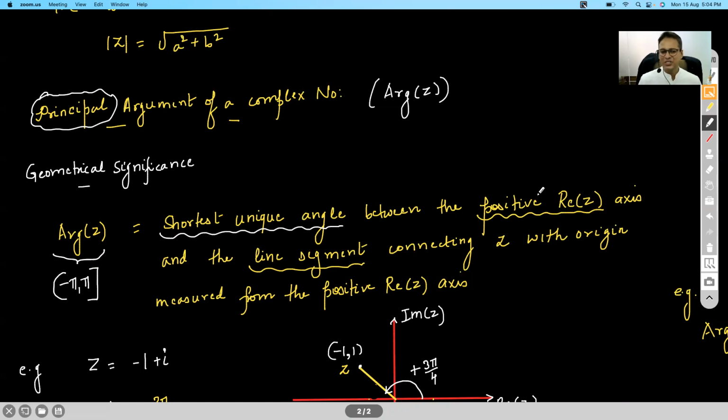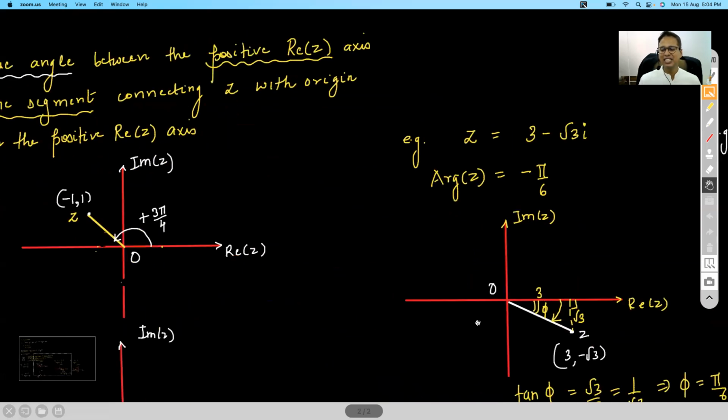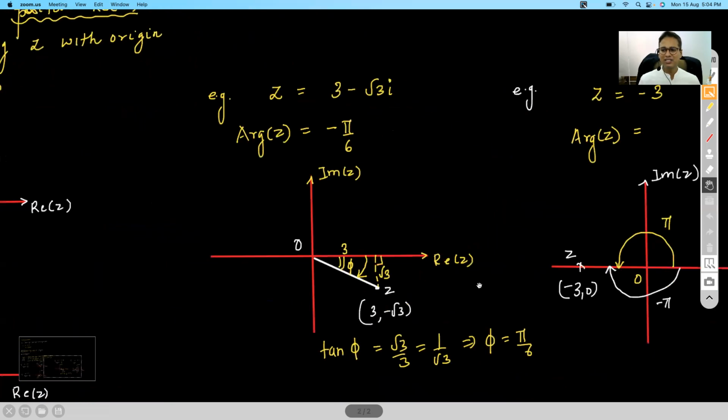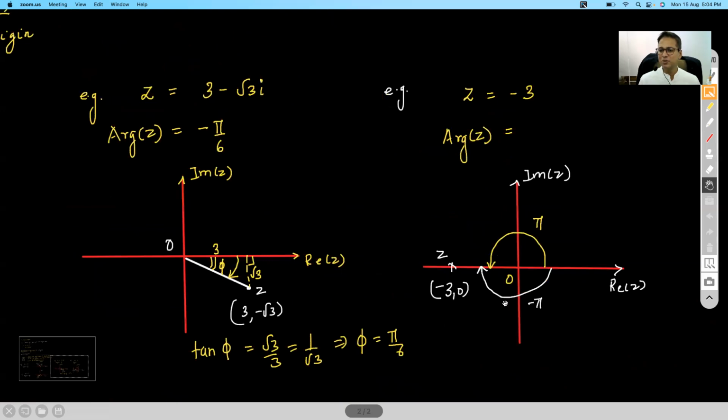So this particular restriction was placed because mathematicians knew that if you have a complex number lying on the negative real axis, there are two shortest paths. One could be this way, another could be this way. So because they ruled out negative pi, now there can only be one answer, which is pi.